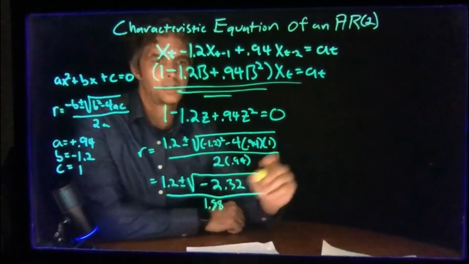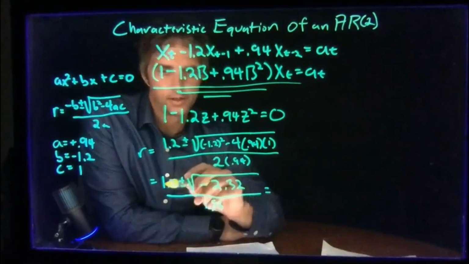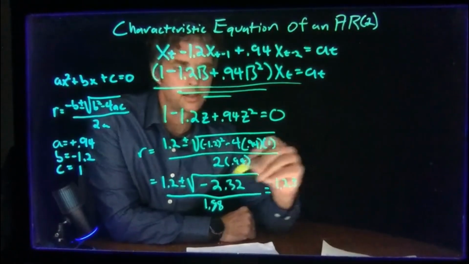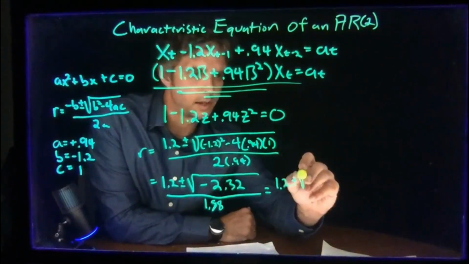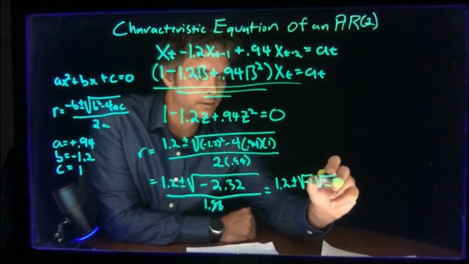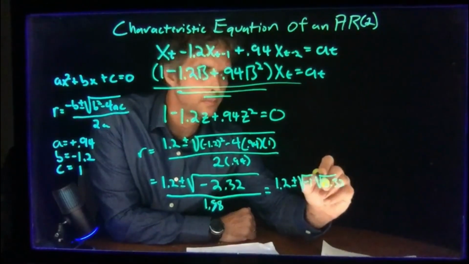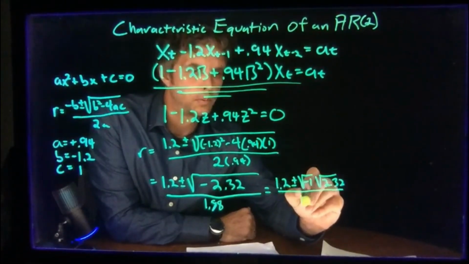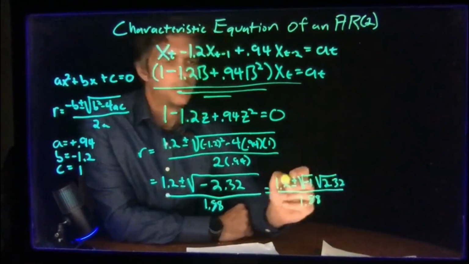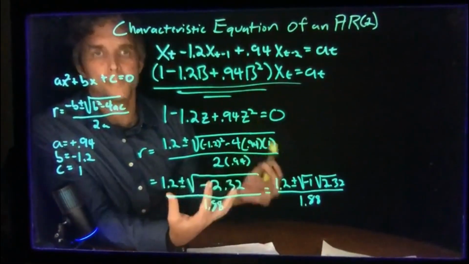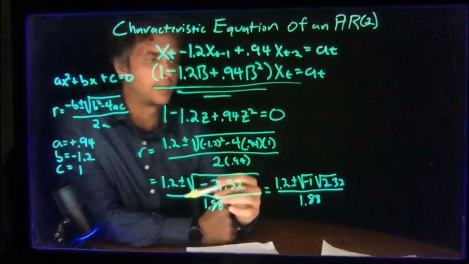So conserving real estate here, this is equal to 1.2 plus or minus the square root of negative 1 times the square root of 2.32, divided by 1.88, where we'll note that the square root of negative 1 is an imaginary number. We represent that as i.